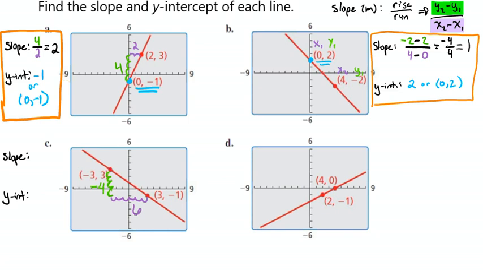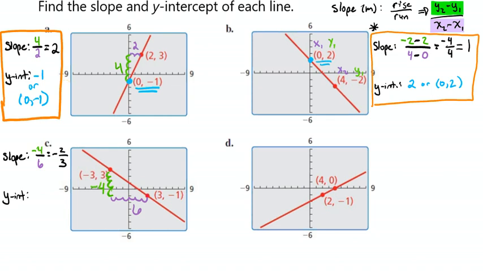So I'm going to run 6. So I'm going to have -4 over 6, and that is going to reduce to -2/3. Sometimes when it's hard to see if you're counting the right lines, that's a hint that maybe you should calculate it using the equation that we have.